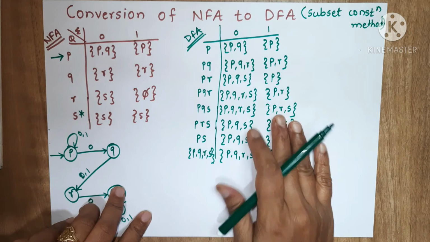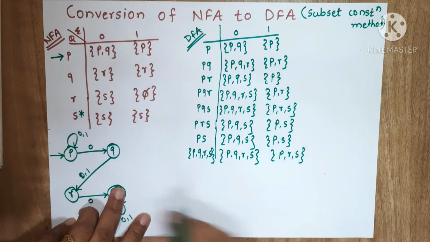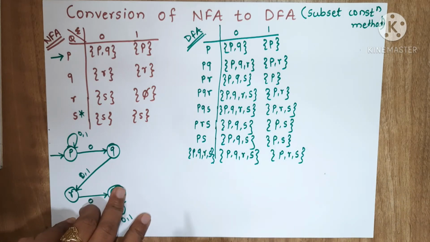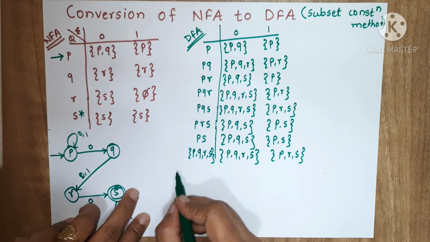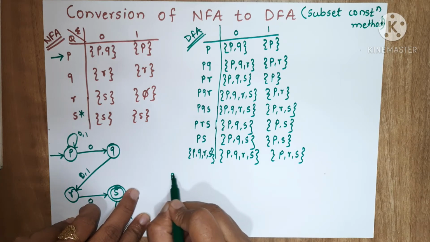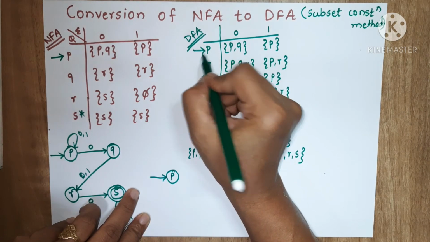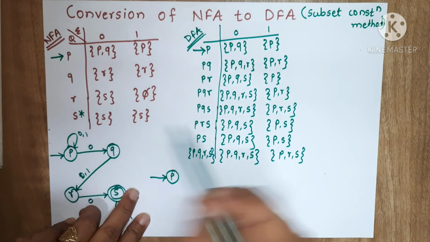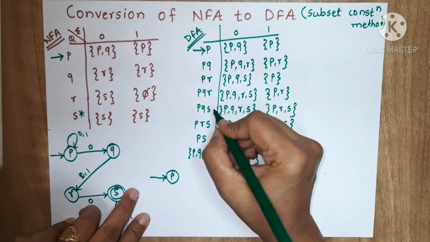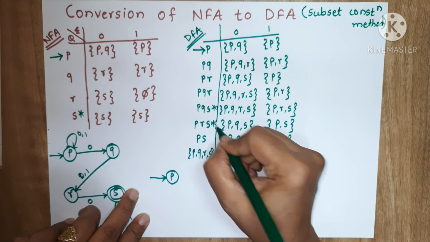Now from this you can draw a state transition diagram. We have the P state, which will be the initial state, and the final state was S. Wherever S occurs, that will become a final state.